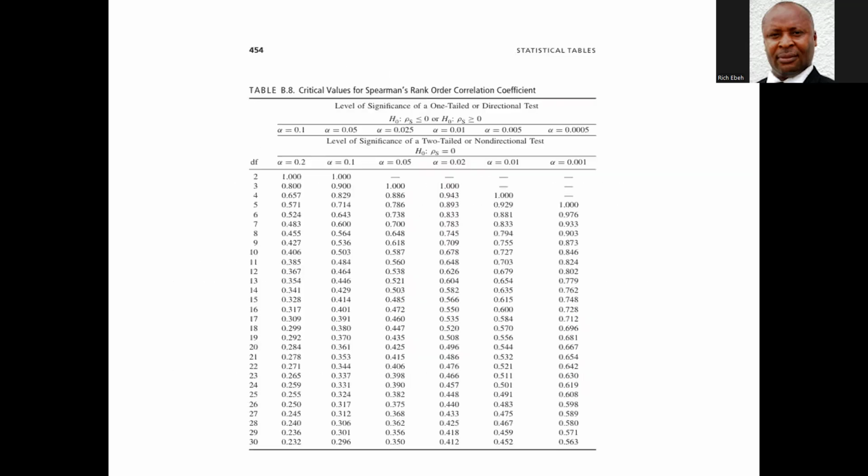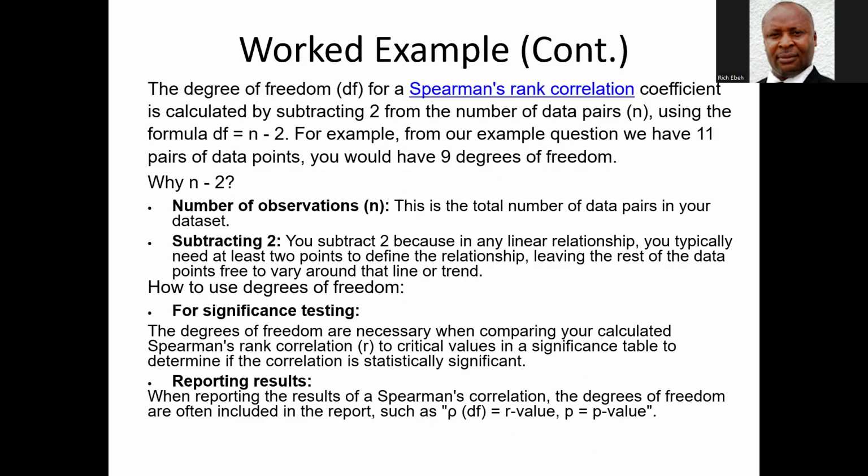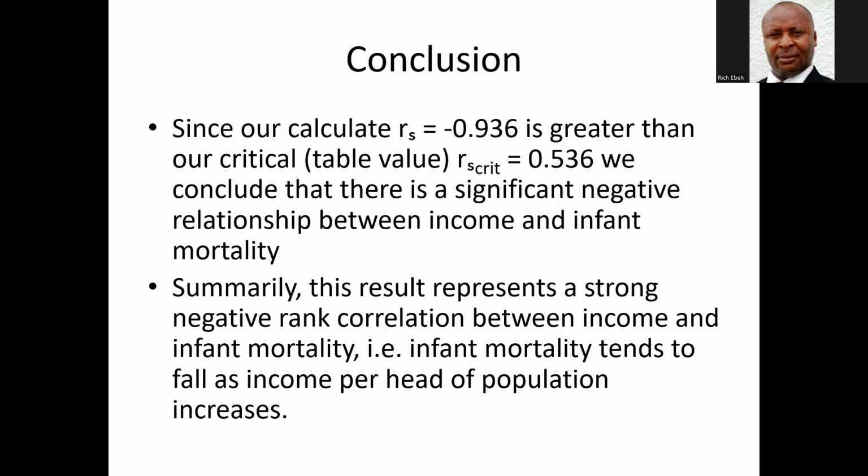If you look at the value we obtained from our result, which is minus 0.936, this is almost a perfect relationship. Ordinarily, we don't need to look at the table to conclude that it's going to be significant because it is quite close to 1. So you can see that there's almost a perfect negative relationship.